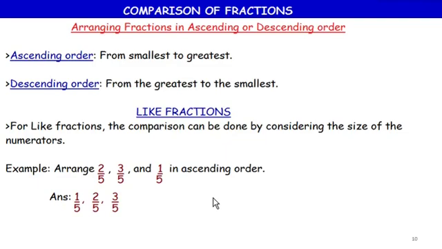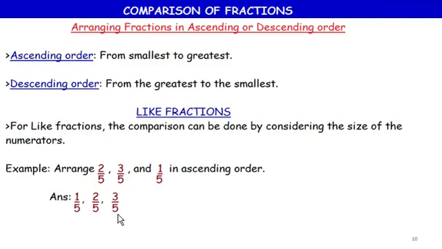So if you have numbers like 1, 3, 2, 4, 5, and I ask you to arrange them in ascending order, you just tell me that, oh, it is 1, 2, 3, 4, 5, right? So ascending order means from the smallest to the greatest. So that is one form of comparison of fractions, ascending order.